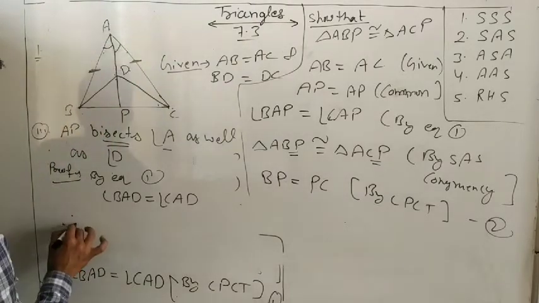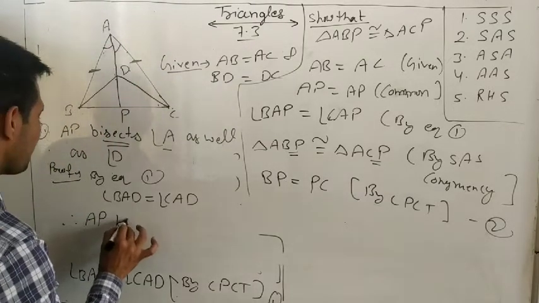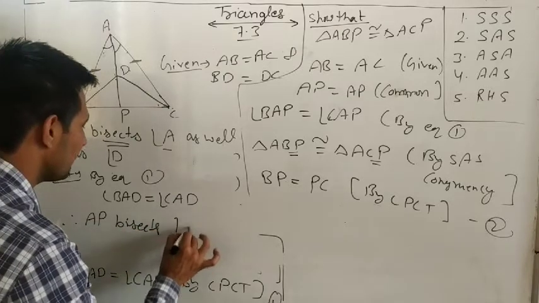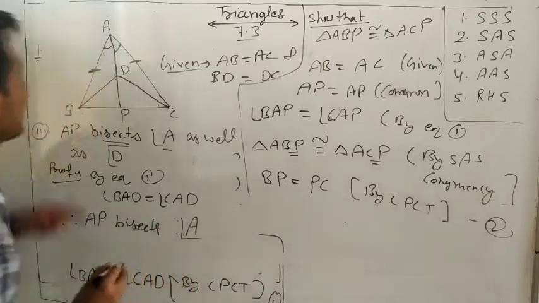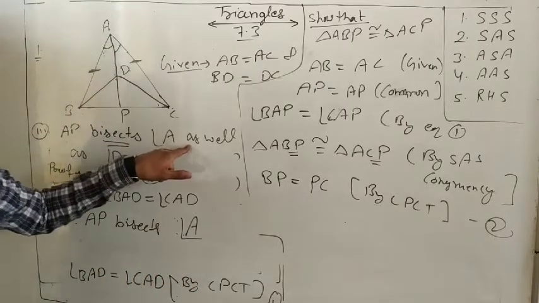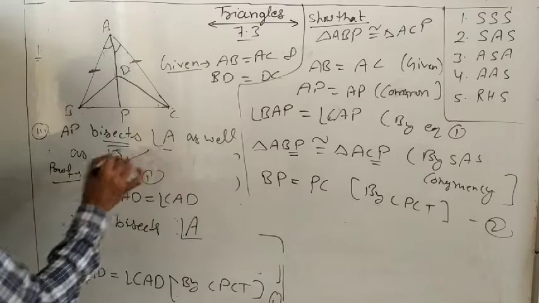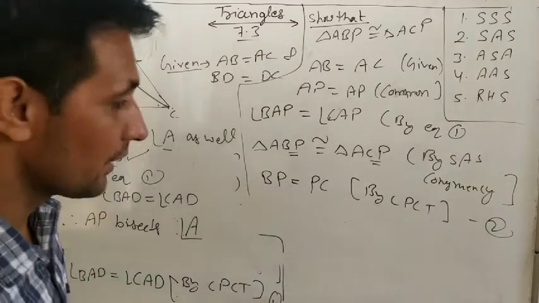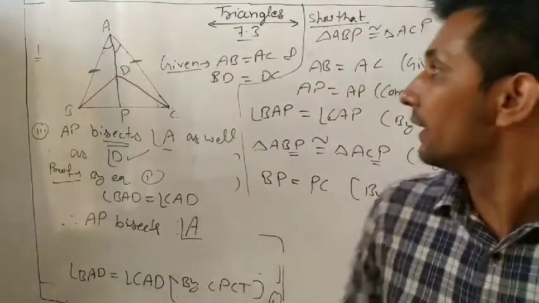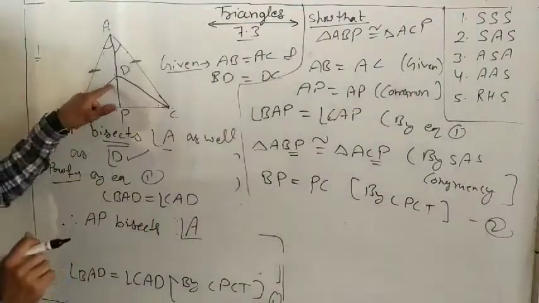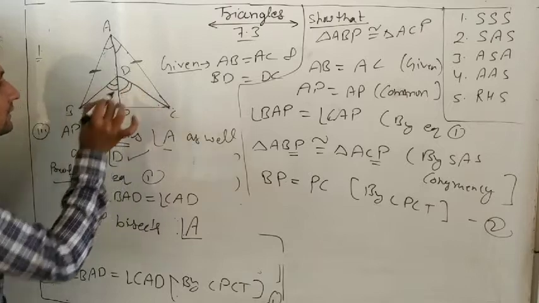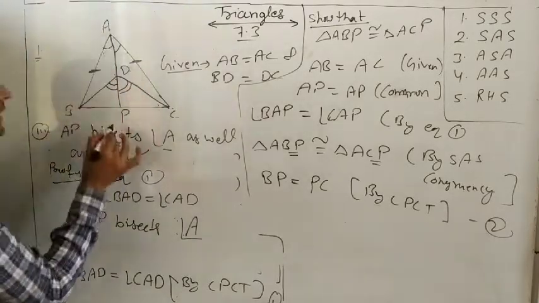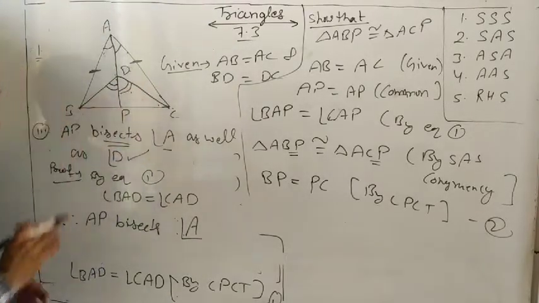Therefore AP bisects angle A. But we have to prove that AP bisects angle A as well as angle D also. To prove that the AP line bisects D also, we should prove that this angle equal to this one.